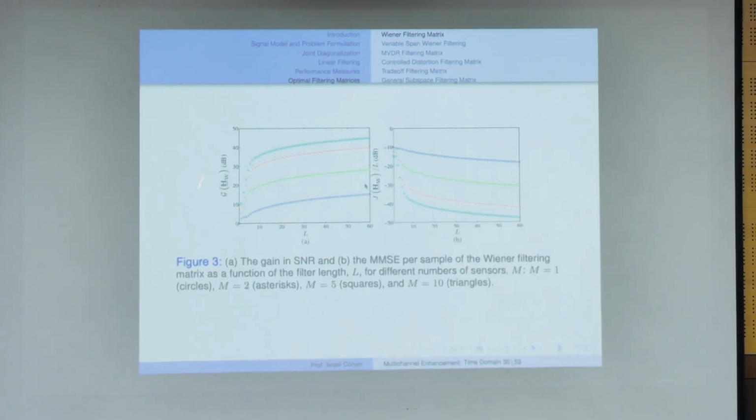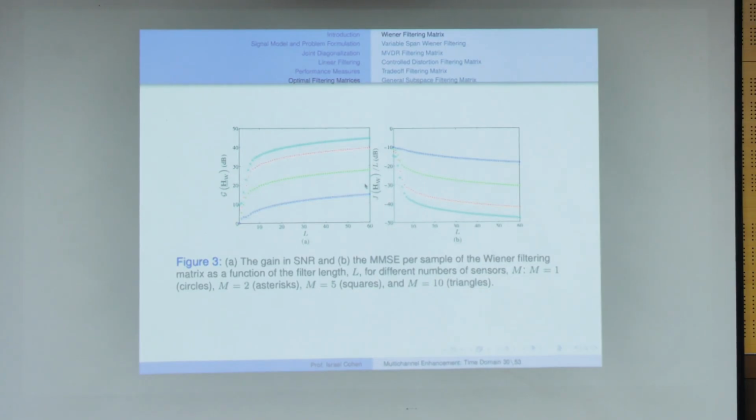Here we have the gain in SNR, and here we have the minimum mean squared error, the MSE, using the Wiener filtering matrix, as a function of L. Each color corresponds to a different number of sensors, M. The blue is for M equals 1, a single channel. M equals 2 is the green, 2 sensors. Here is 5 sensors, and here it's 10 sensors.